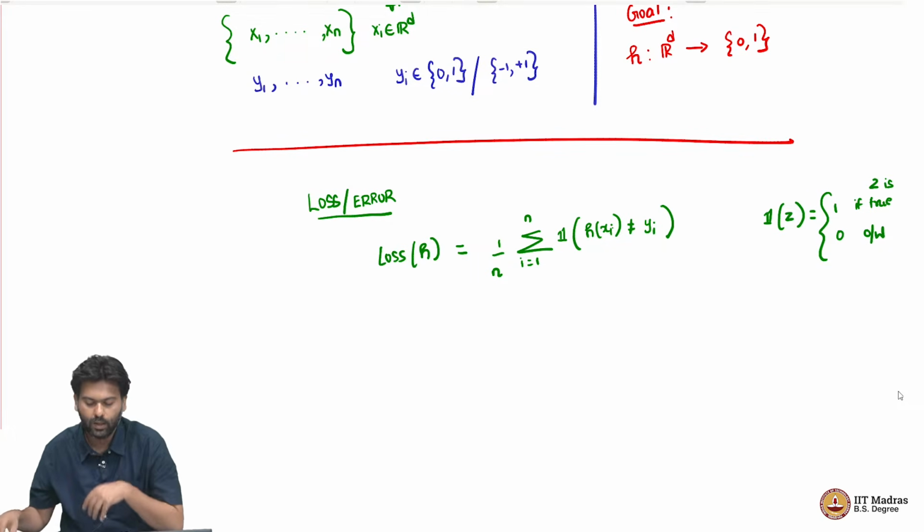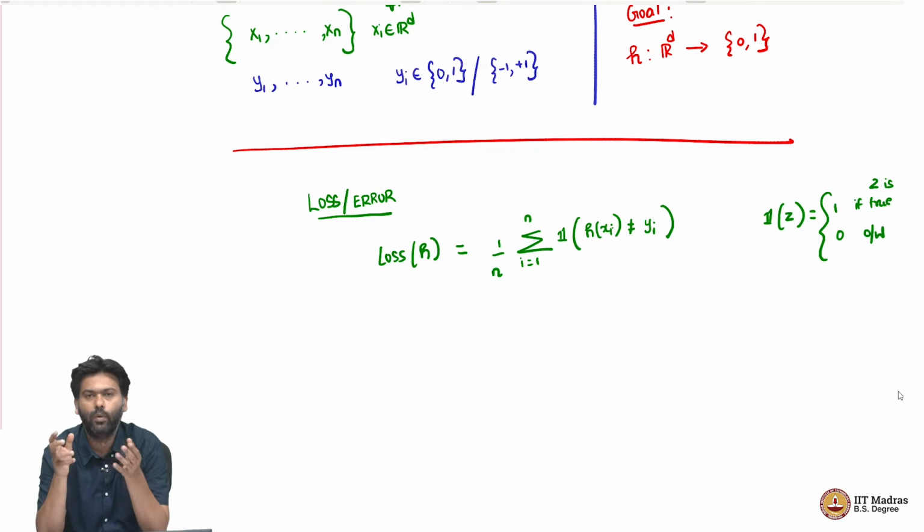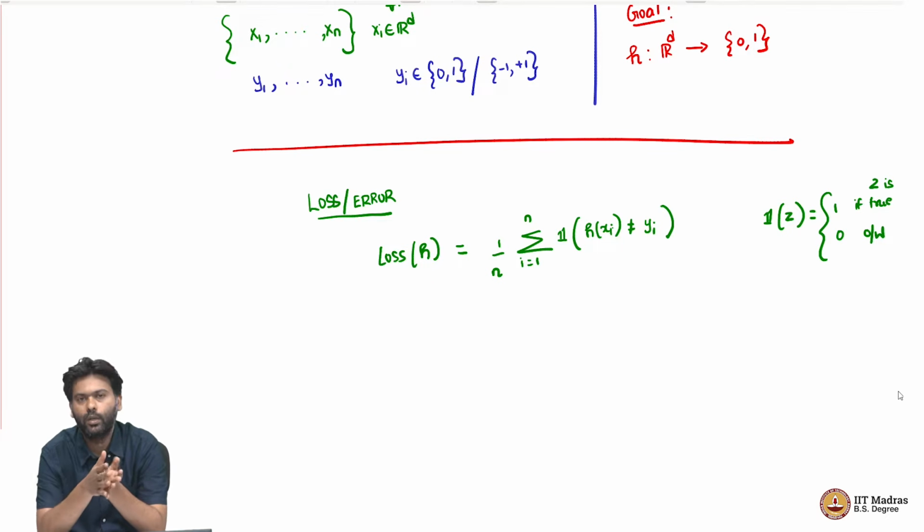What we are measuring is the fraction of points in the training set that our h gets wrong. When it gets it wrong, you penalize it by a value of 1. If it gets it right, you don't penalize it; the value is 0. That's what this indicator is capturing, and then we are dividing it by n.